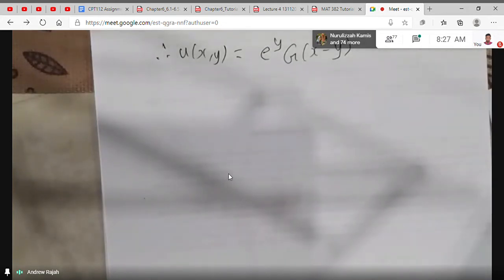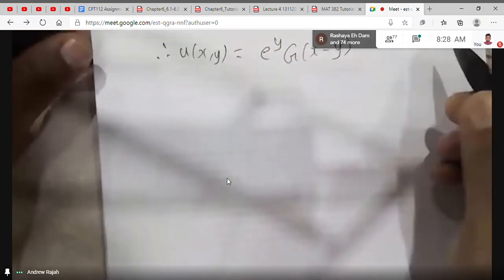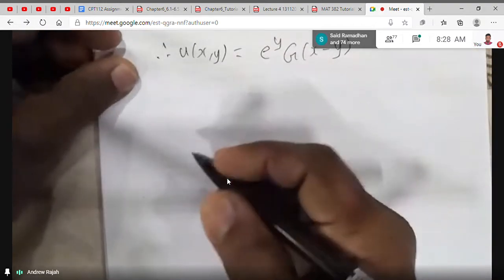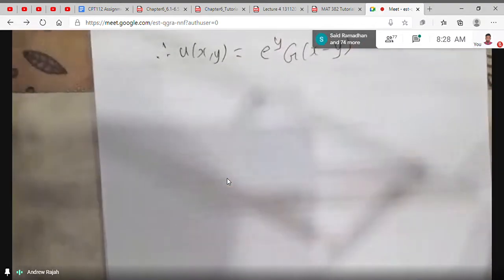Then why is the answer in the book, the answer in the notes, different? Not sure. Okay, I'll check and see. Maybe one of the answers is wrong. Let's check and see.